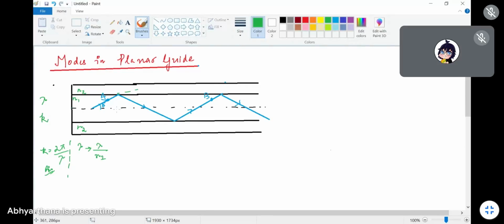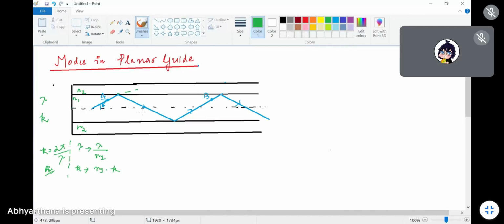So this wavelength gets attenuated and reduces by a factor of n1, the refractive index of the core, while the propagation constant k increases by a factor of n. Please keep in mind the propagation constant increases and the wavelength decreases.